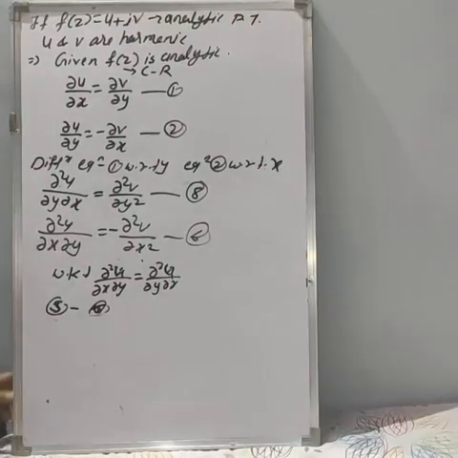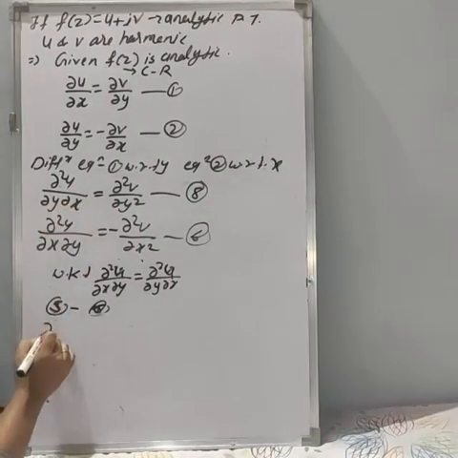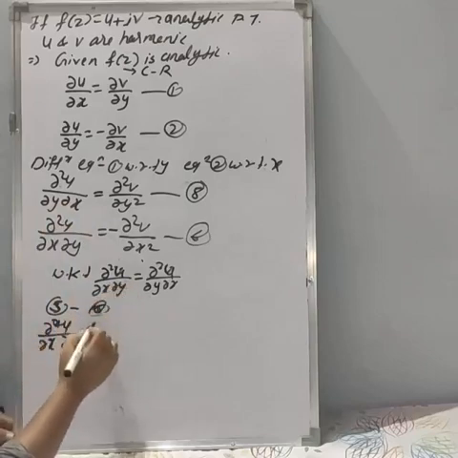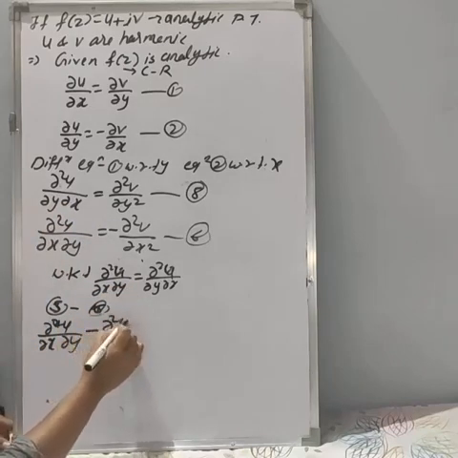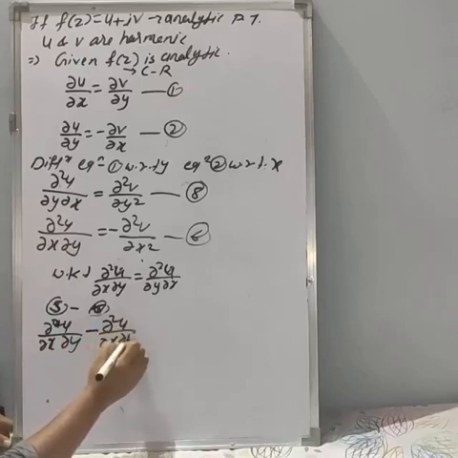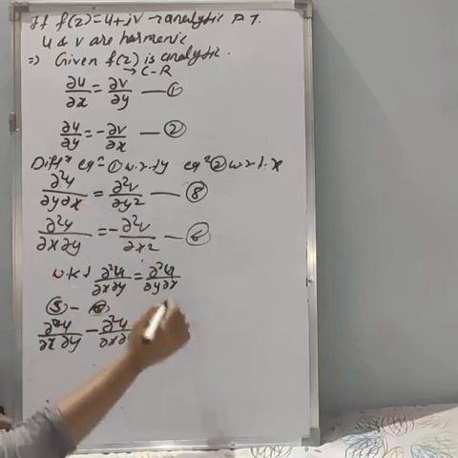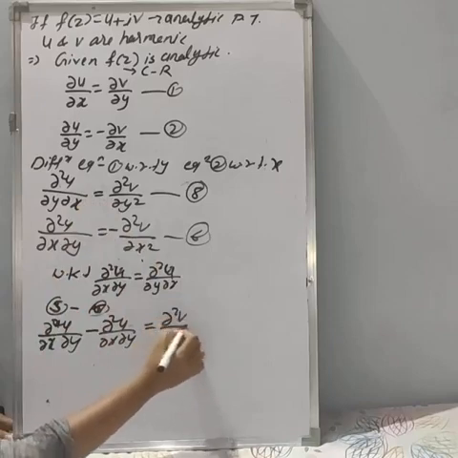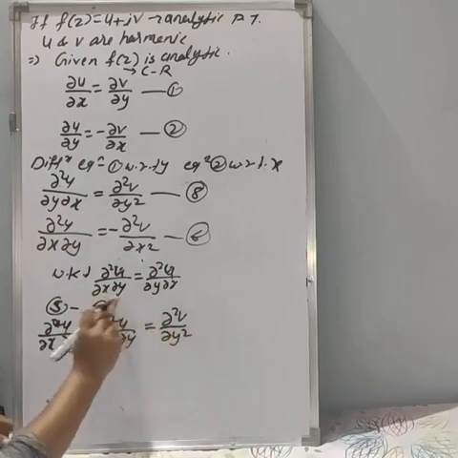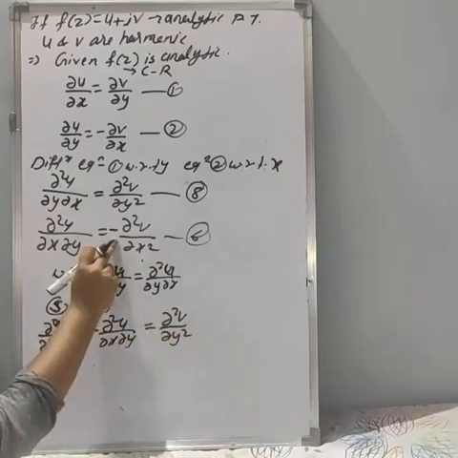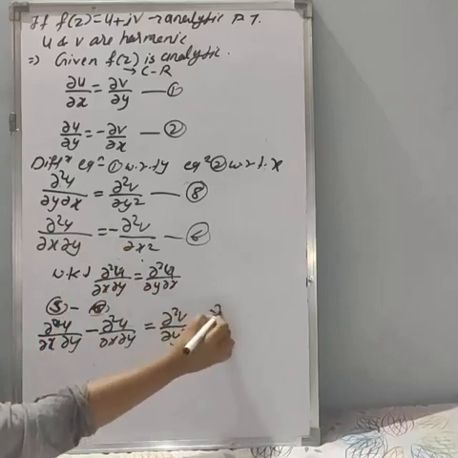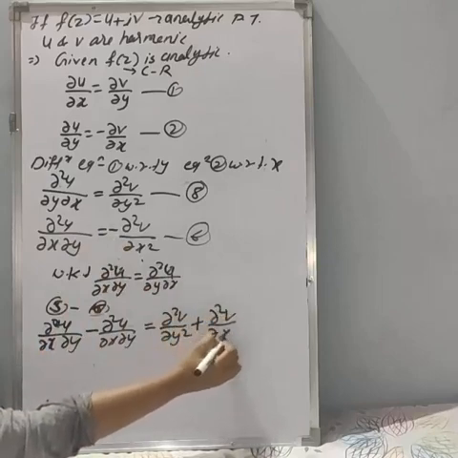So what is equation 5? This. We get ∂²u/∂x∂y, writing ∂x∂y because both are equal, minus ∂²u/∂x∂y, is equal to ∂²v/∂y², and since we are taking minus with a minus x, minus into minus gives plus ∂²v/∂x².